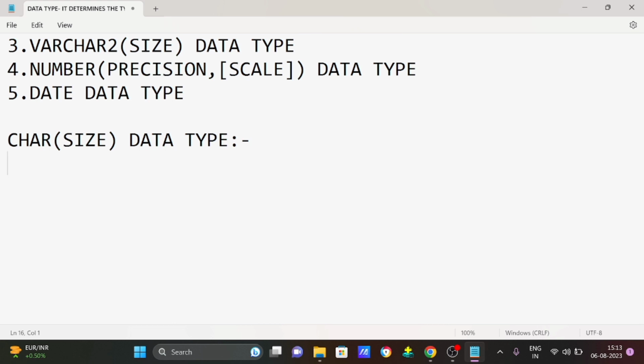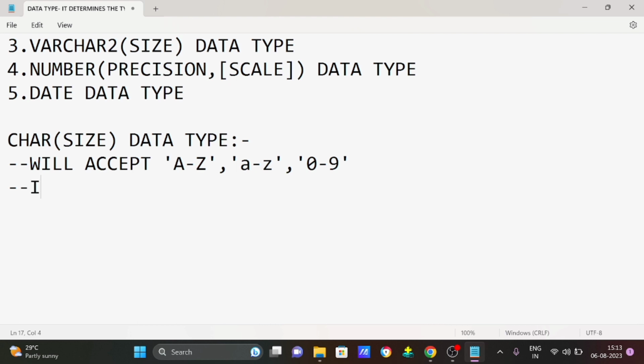There are certain points we need to understand before understanding the char of size data type. Firstly, char of size accepts capital A to capital Z characters, small a to small z, and 0 to 9.